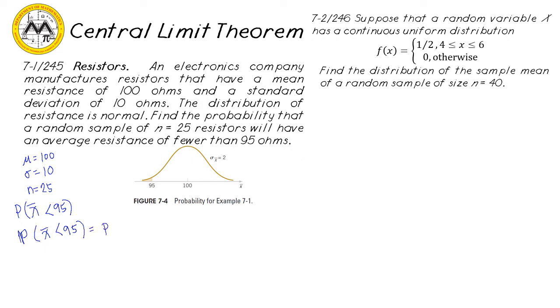So that would be the probability of a z less than 95 minus 100 over sigma of x bar, which is 10 over square root of 25. So this is phi of negative 2.5.